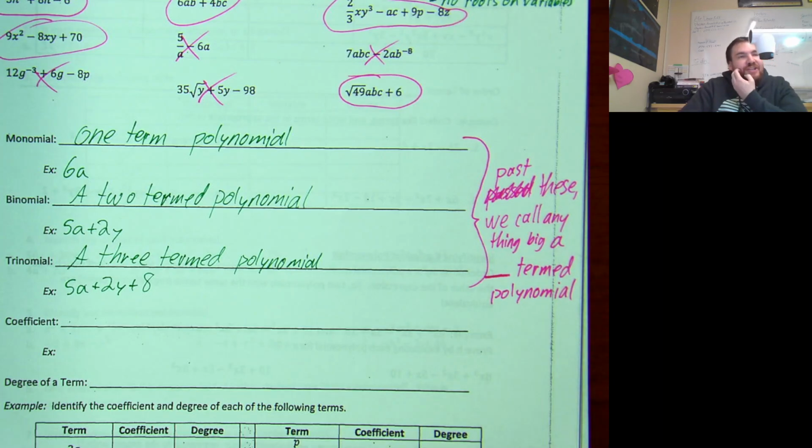So we don't have a special expression for a four-term polynomial. We would just say that this is a four-term polynomial. The first three have special names.